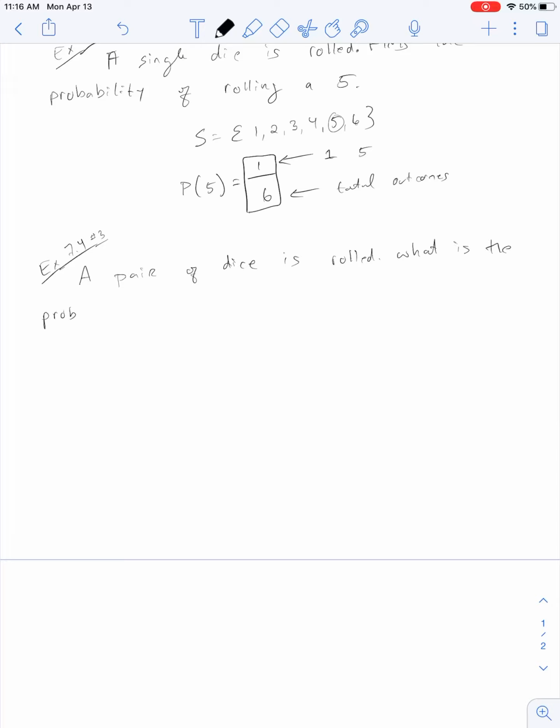We want to know what is the probability of getting a sum of 5. So this question is a little different because we have 2 dice that are rolled, and we want to know the probability of getting a sum of 5.